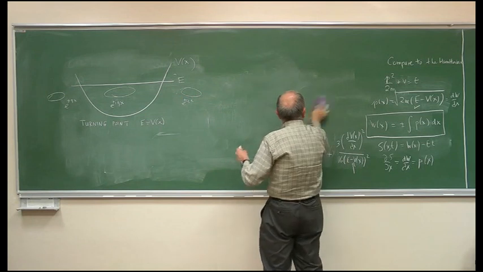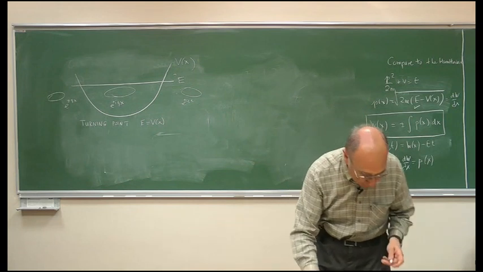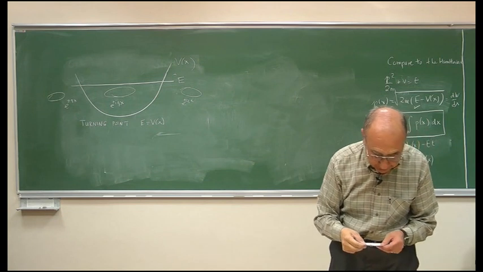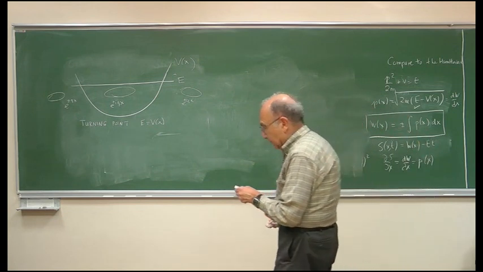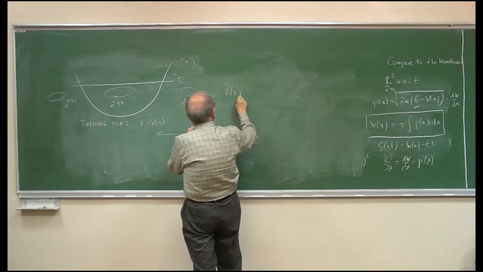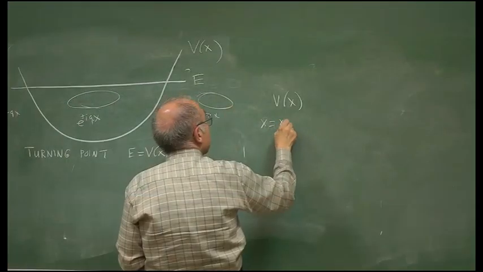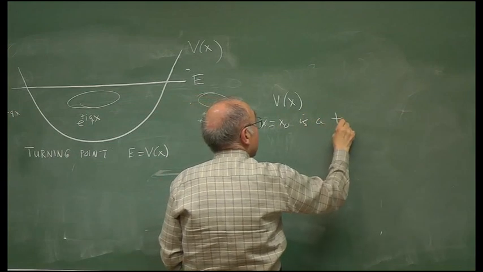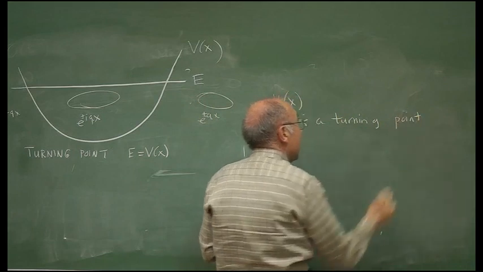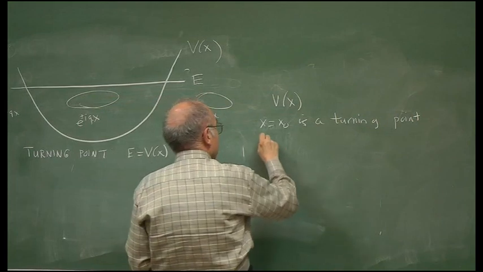Fortunately, there, of course, okay, let's look at this. Let's look at V of x, and let's assume that x equals x0 is a turning point. Then, of course, we can make a Taylor expansion.